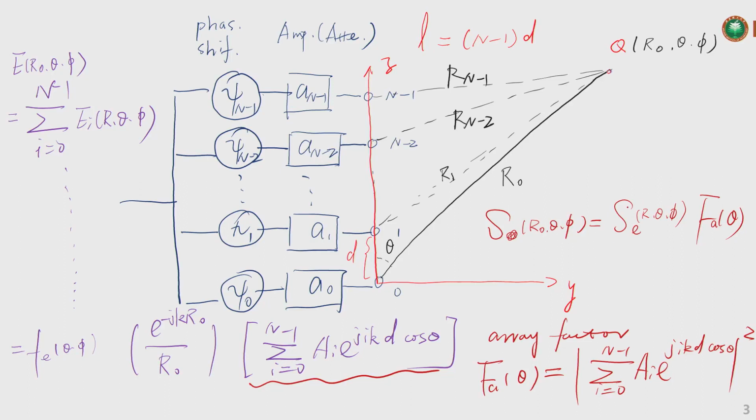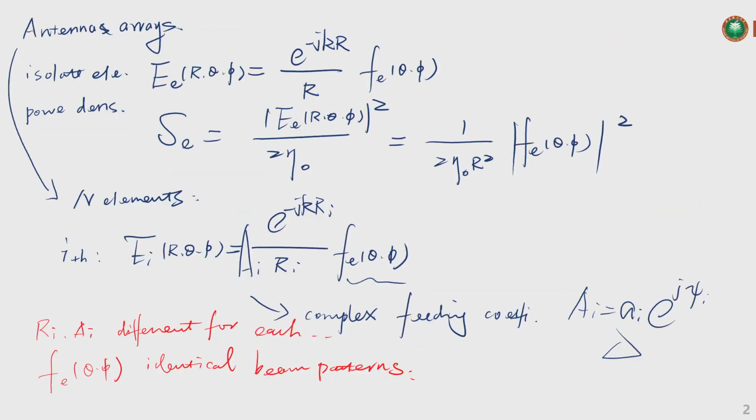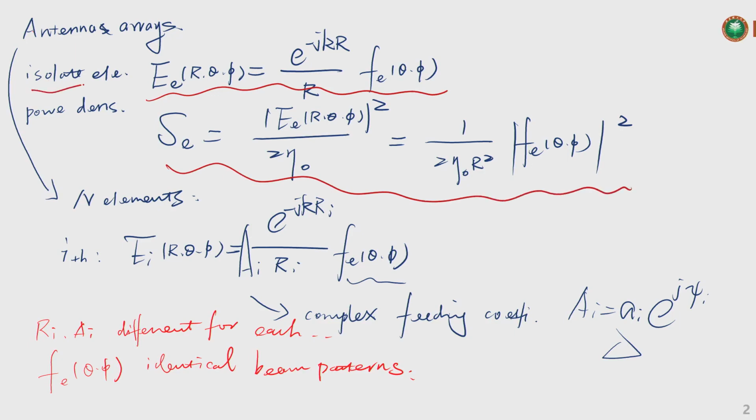So S_e is the power density generated by an isolated element, right? Let's look back at this part. This part looks like this one, so this is one isolated element.